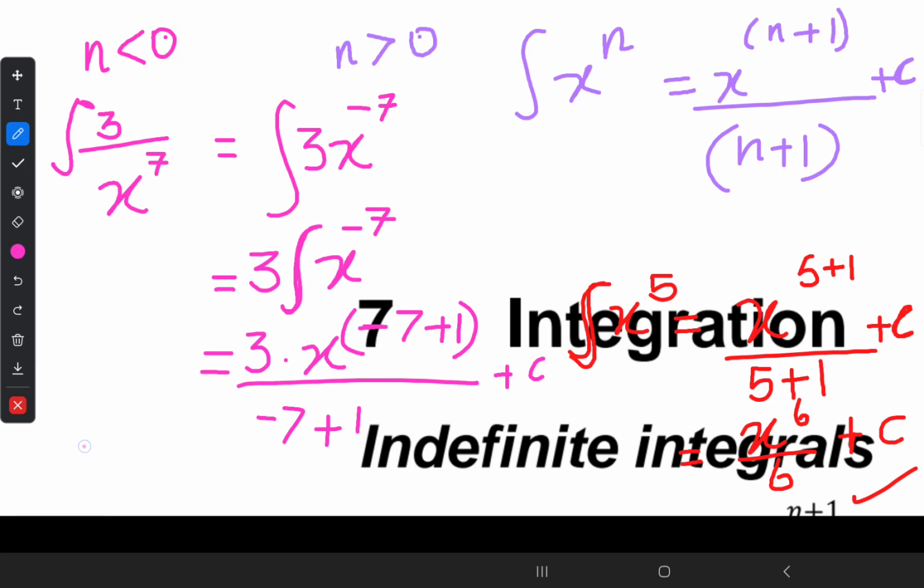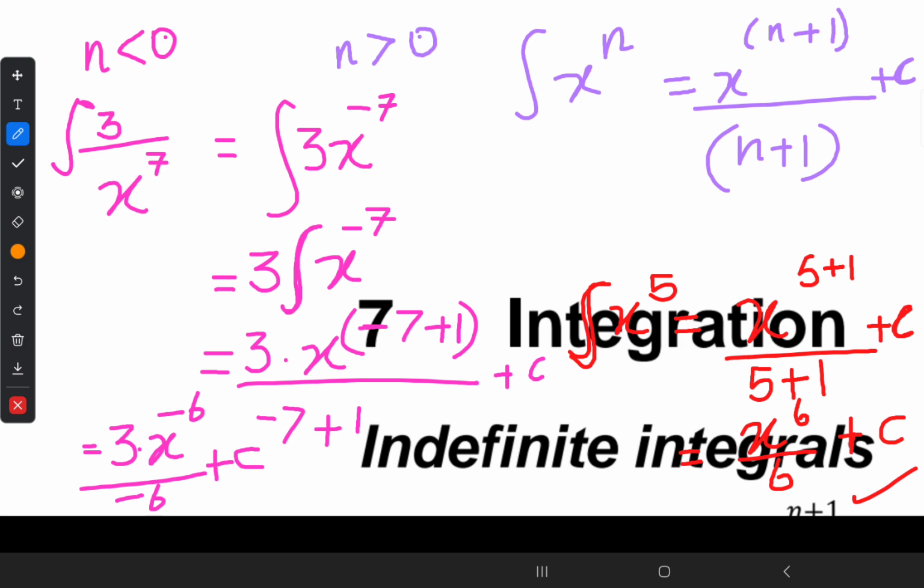So it will become 3 into x to the power of negative 6 upon negative 6, plus c.